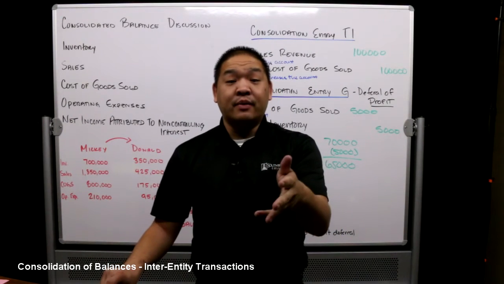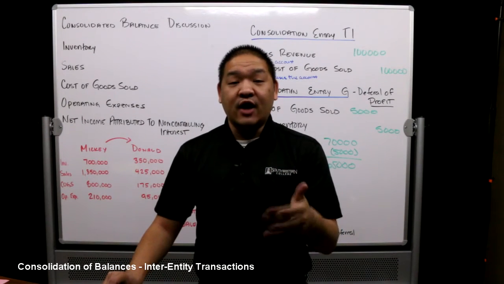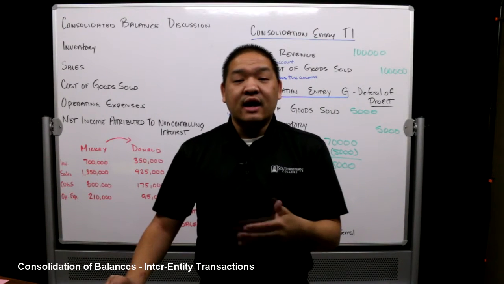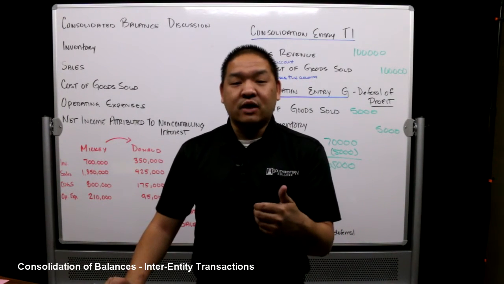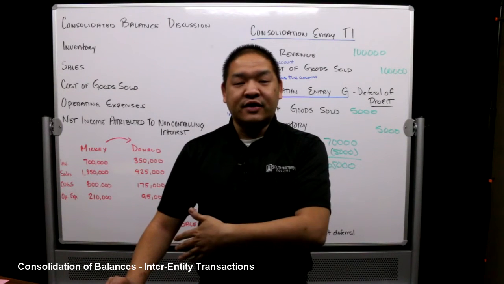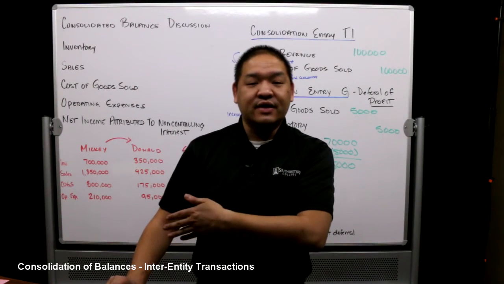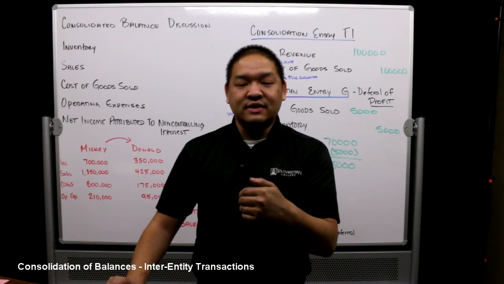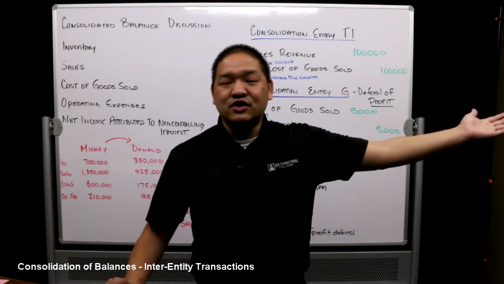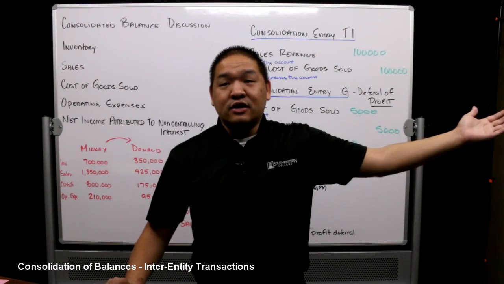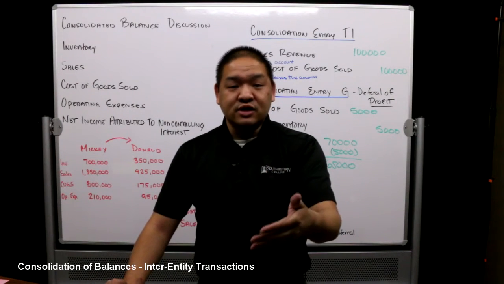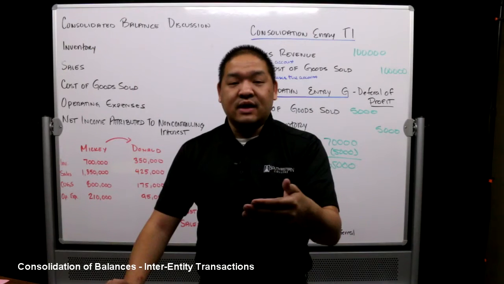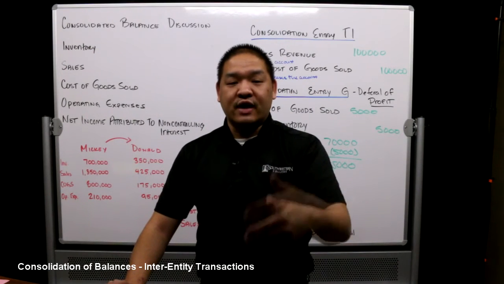He would love to buy it at book value, but he's going to buy it at fair market value, because at the end of the day, if you're Donald and you have a $200,000 piece of equipment, however, it's on your book for $100,000, you're not going to sell it to Mickey for $100,000. You'd rather just take that piece of equipment, sell it to a third party for $200,000, and then you'd have $100,000 more than what Mickey would have given to you. So in order to avoid that, Mickey has to pay you $200,000 for that equipment.